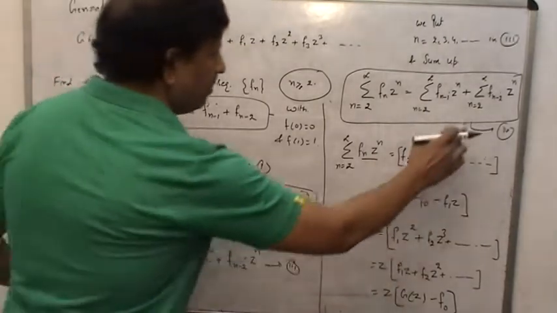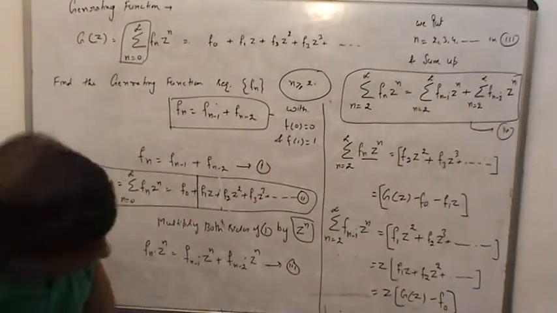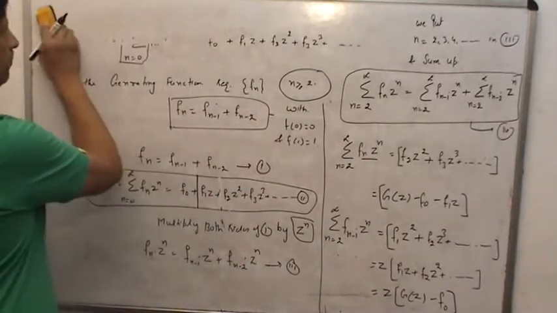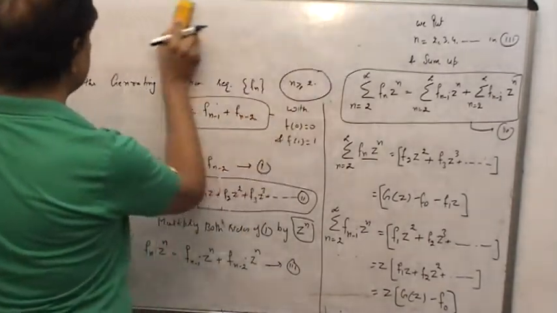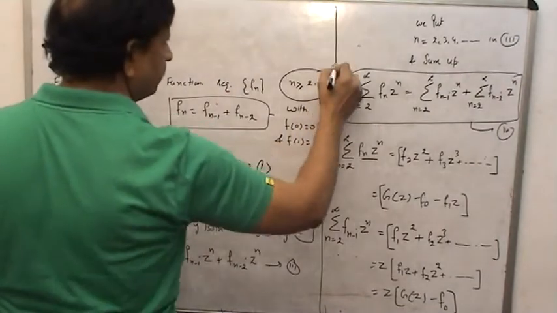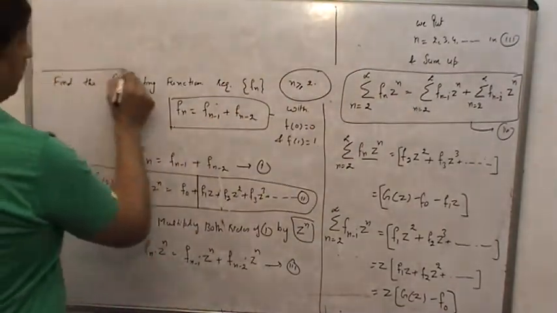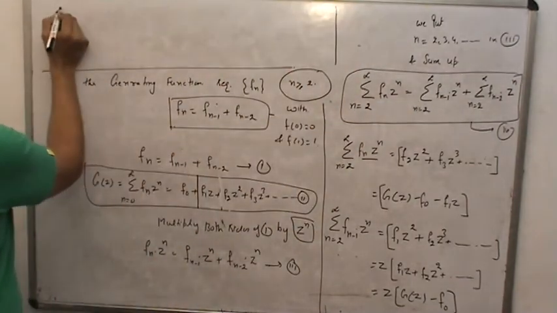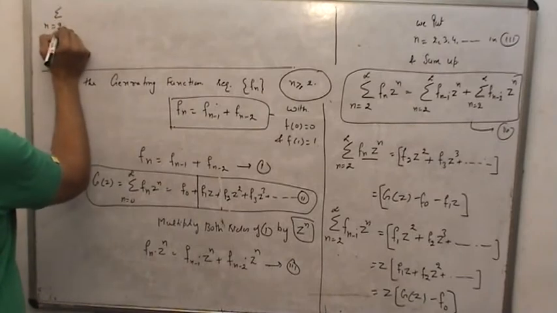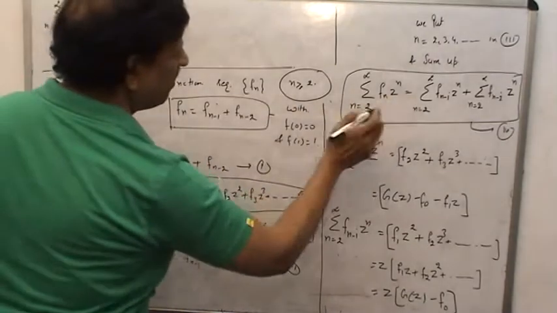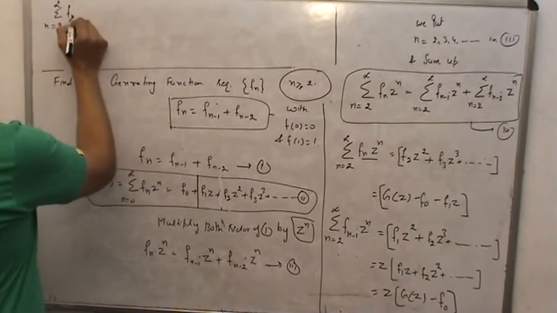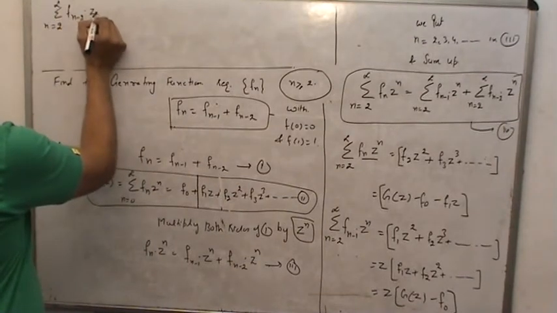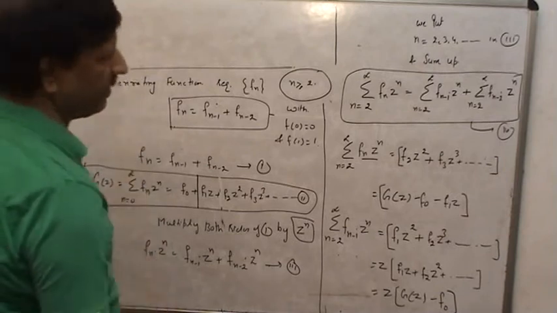Now what about the third term? We see it is sigma n varies from 2 to infinity f n minus 2 into z raised to the power n.